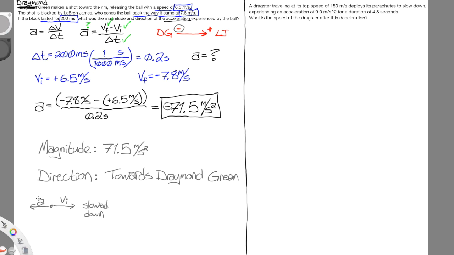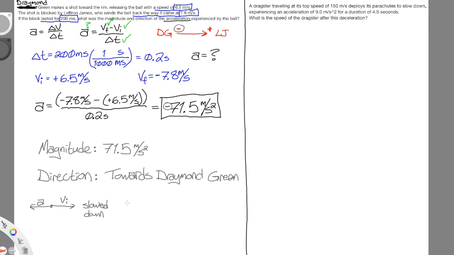Also, once the ball comes to rest during the block, LeBron James is then speeding it up back towards Draymond Green, which would also imply to the left, because when you're speeding up, the acceleration points the same direction as the velocity. So that's that whole problem.